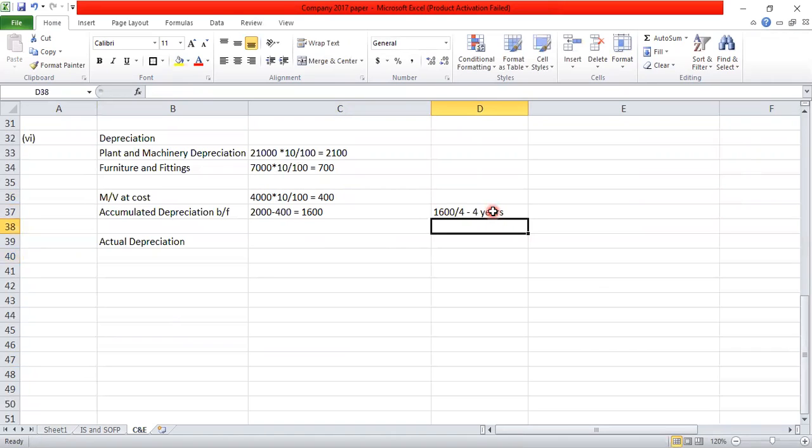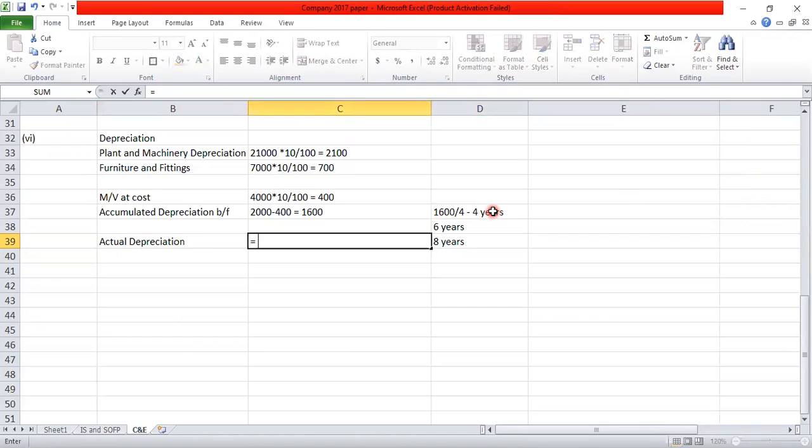Which means the remaining life is 6 years. But now they revised it to 8 years. When I revise this value, I want to go with the carrying amount. I will take 4,000, which is the cost.